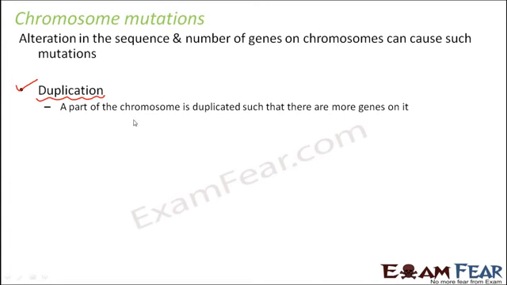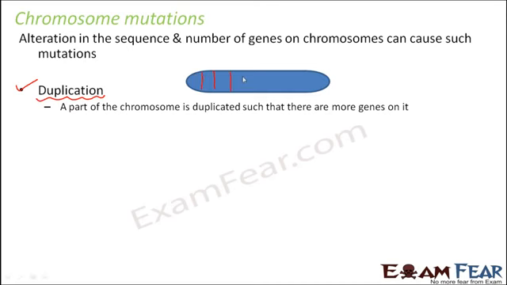What happens here is a part of the chromosome is duplicated such that there are more genes on it. So let us look at it this way. Let us suppose this is a chromosome, right? Now let me divide the chromosome into parts so that it is easier for you to understand.